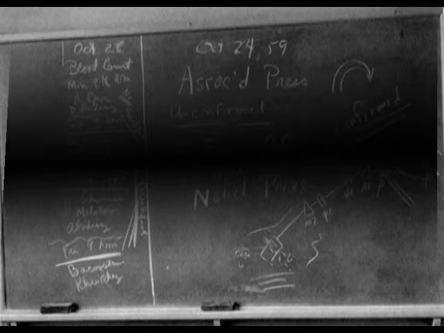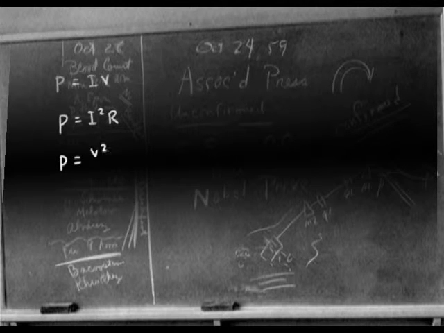So in other words, we have three equations for power. P is IV, current times voltage. P is I squared R, the current squared, times the resistance, and P is V squared over R, the voltage squared divided by the resistance. And you might ask, well, if you want to find the power, which of these equations do you use? And the answer is simple.